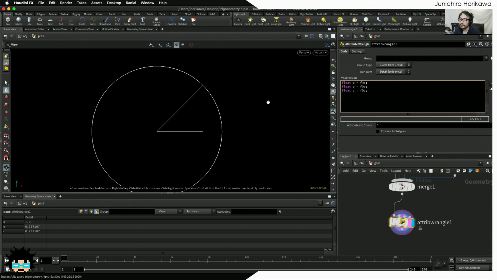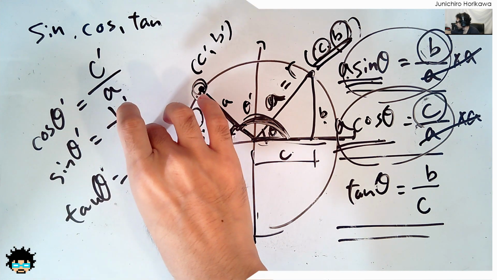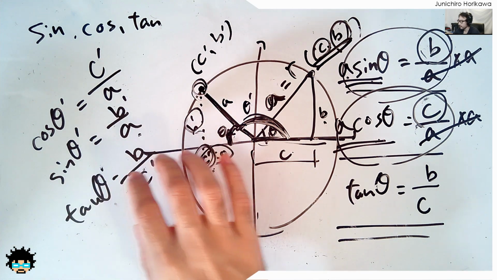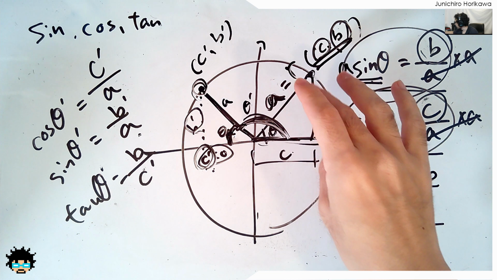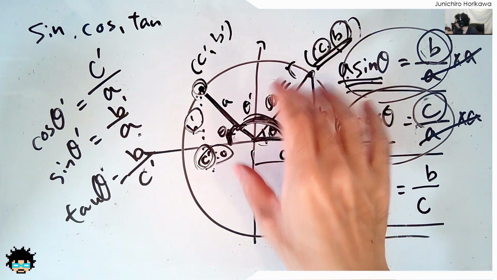Now, let's try by calculating the sine function first. So, the sine function was using this equation: b divided by a. So, dividing this value with this a value here.